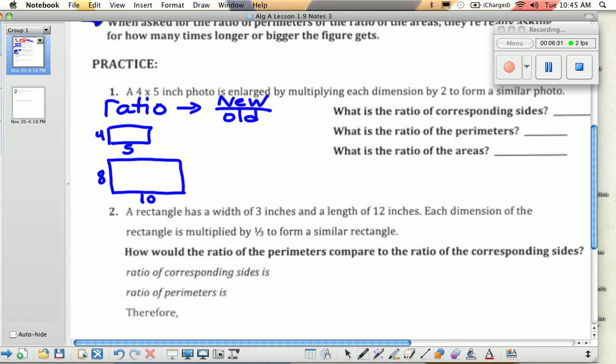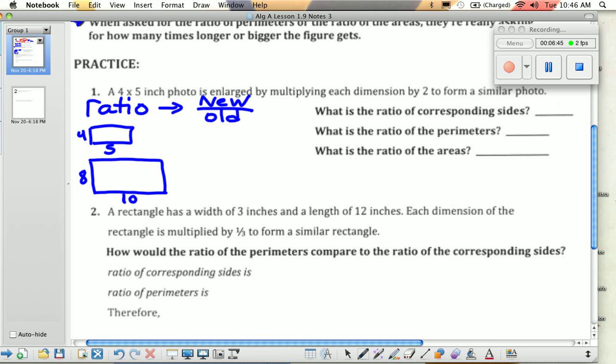And we have to, first of all, find the ratio of corresponding sides. So for a ratio of corresponding sides, can anybody give me one of the ratios that we could possibly set up for that one? 8 over 4. Or, what's another one? 10 over 5. 8 compared to 4, new to old. 10 compared to 5, new to old. Either way, what is it? 2.